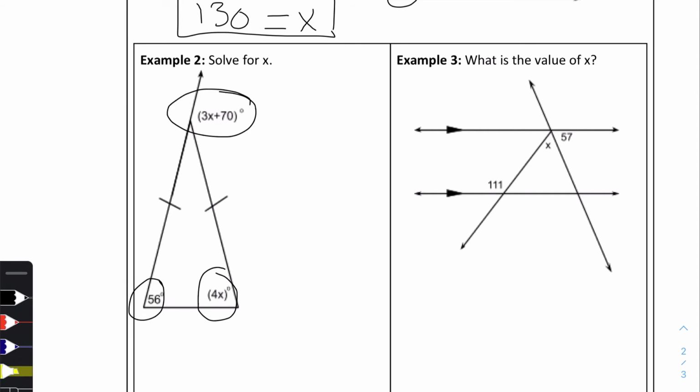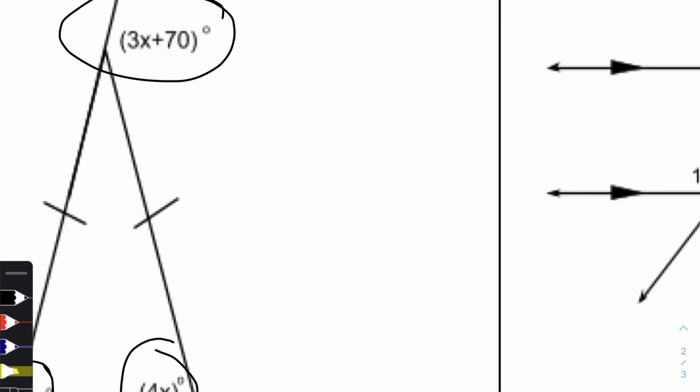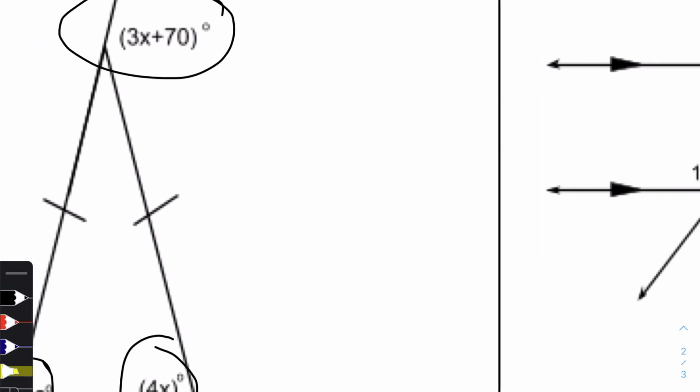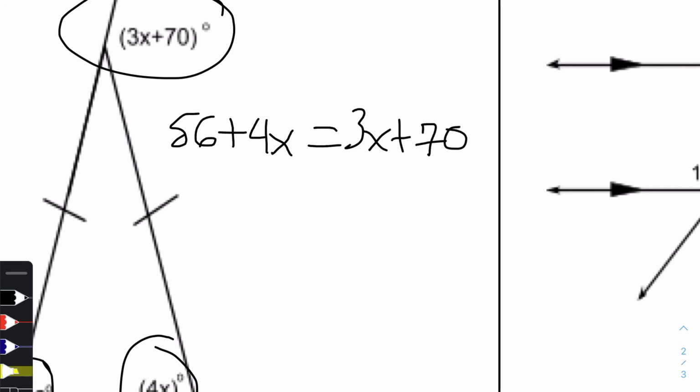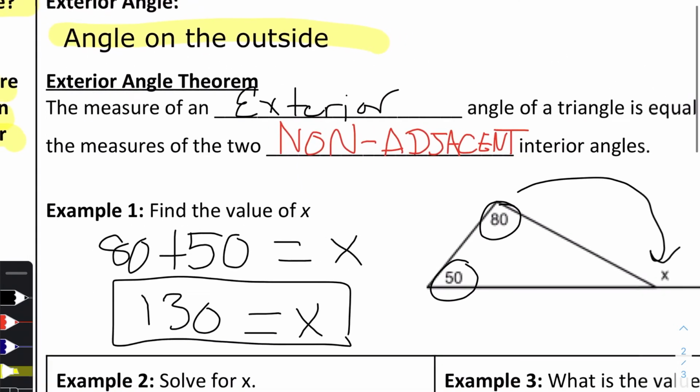I'm going to zoom in so that you can see what I'm doing. Okay, so I'm going to take 56 plus that 4x and equal it to 3x plus 70, because that's literally what our exterior angle theorem is.